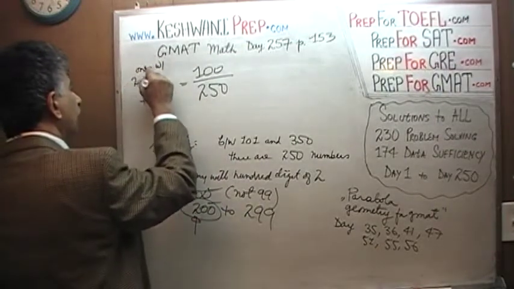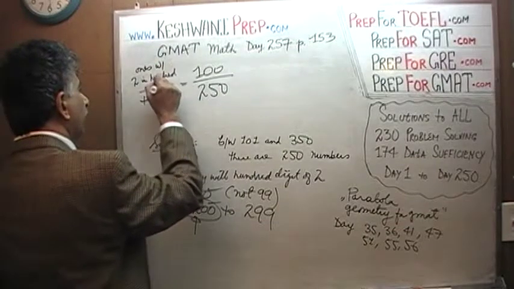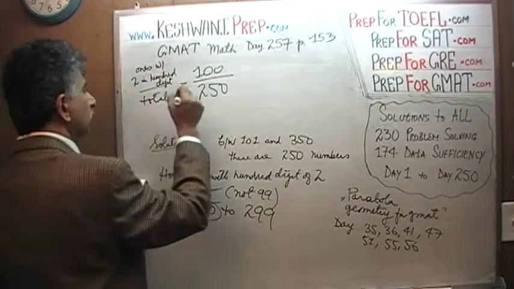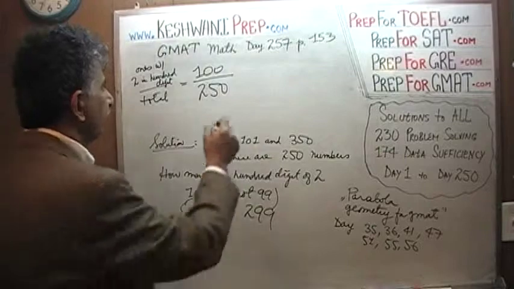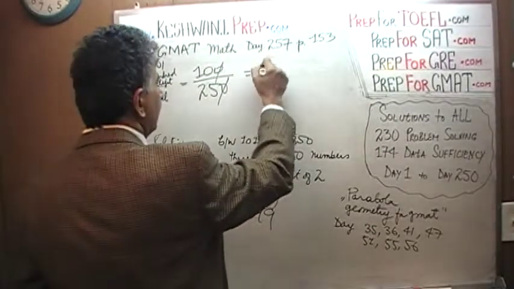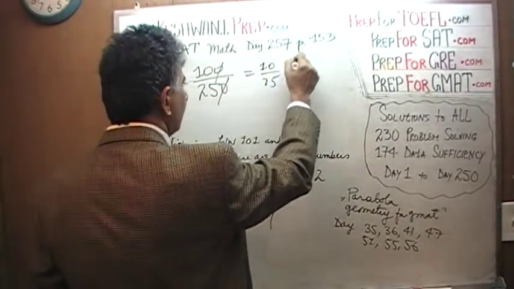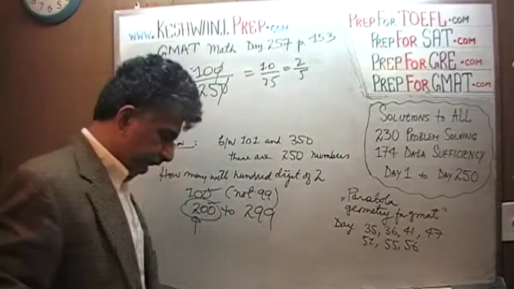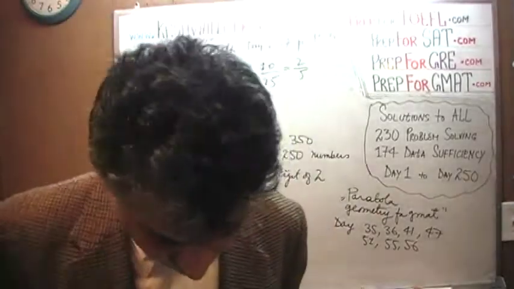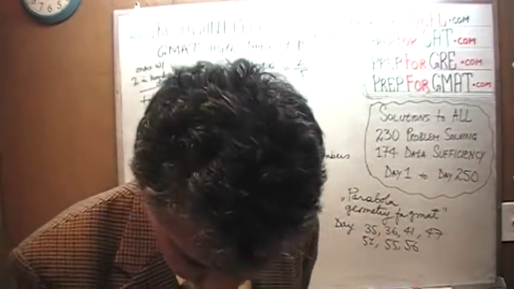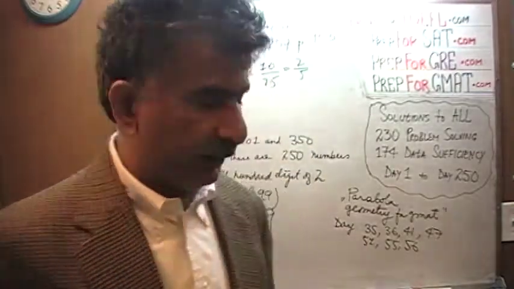That's it, we're done. Zeros cancel out, we end up with 10 over 25, which is the same as 2/5. The answer is 2/5 or 0.4, however they say it. The answer is A.